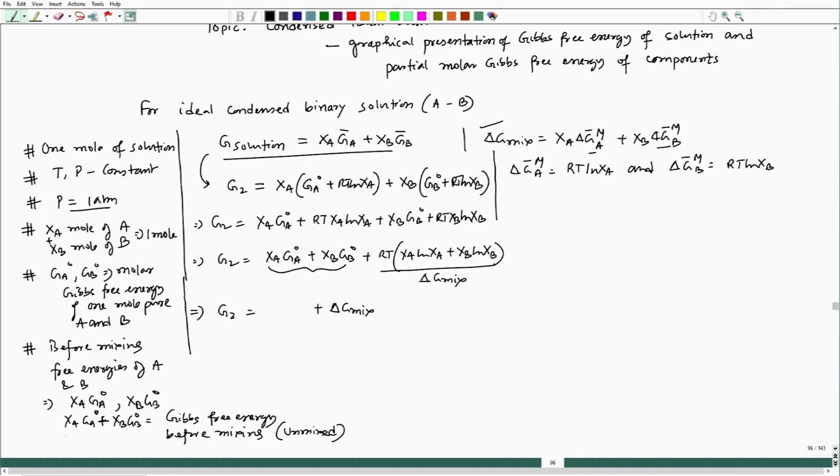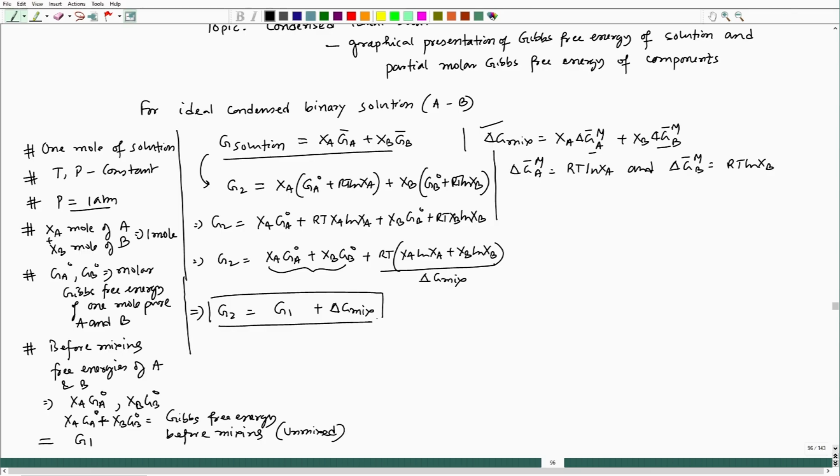So, this can be taken as G 1. Then this equation becomes G 1 plus this. This is the equation we will be using very frequently in subsequent lectures.